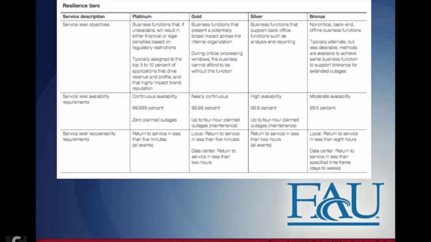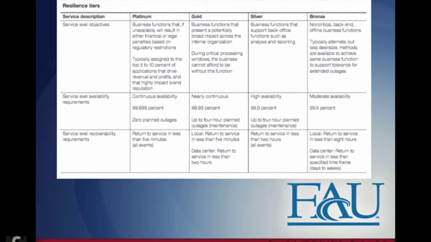On the platinum level, they say that business functions, if unavailable, will result in financial or legal penalties based on regulatory restrictions, typically assigned to the top 5 to 10% of applications that drive revenue and profits and highly impact brand reputation.